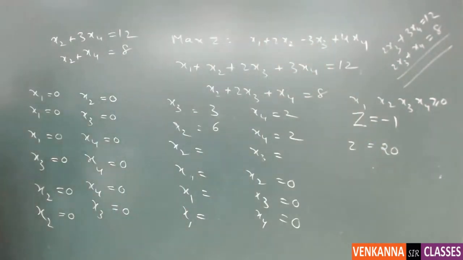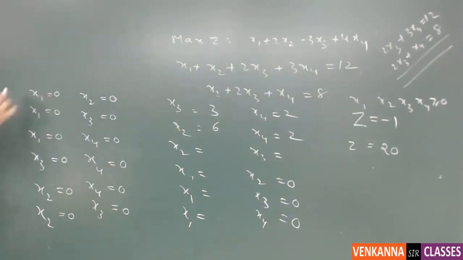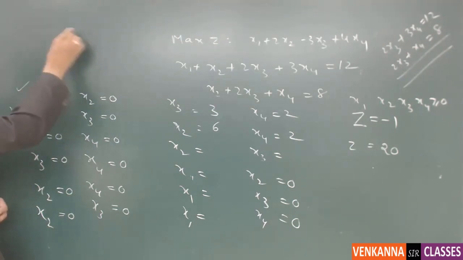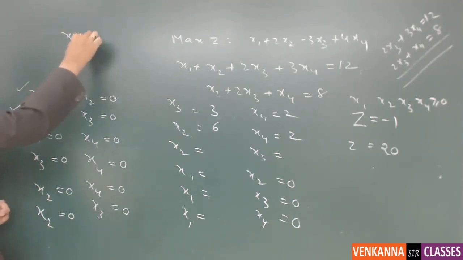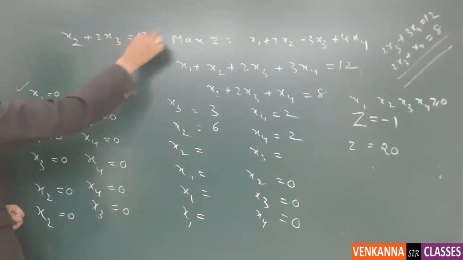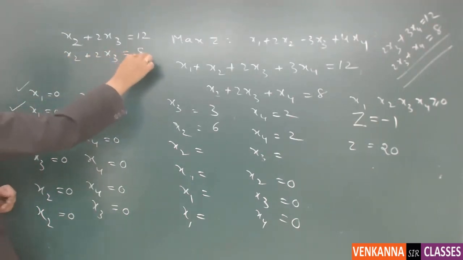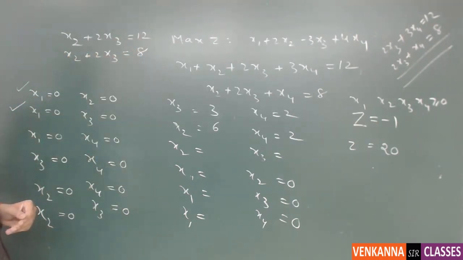Again, let us go with the third choice. These two are completed. I'm going with the third one: x1 equal to 0, x4 equal to 0. It comes 2x2 plus 2x3 is equal to 12, and then x2 plus 2x3 is equal to 8.